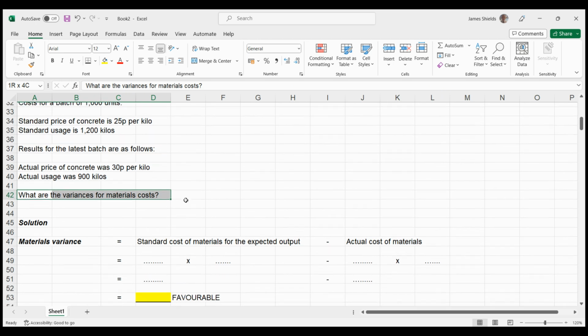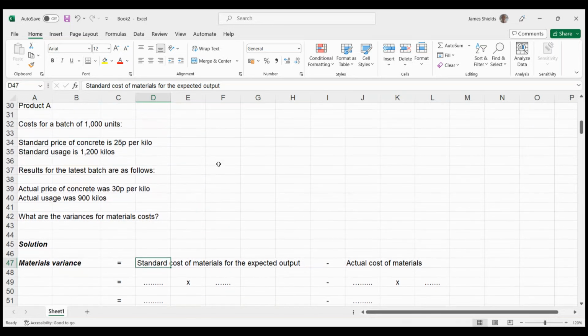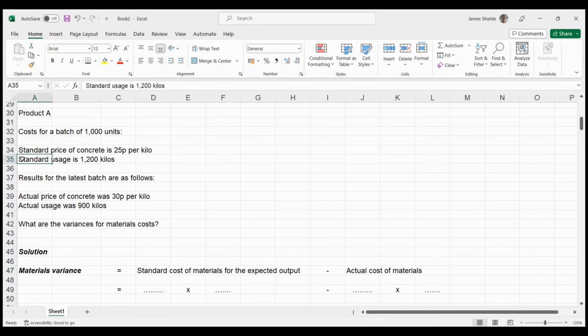So then bit by bit, the overall materials variance is the standard cost of materials for the expected output. So the expected output here, the standard usage, is 1,200 kilograms. So it's going to be 1,200. And the standard cost was 25p.